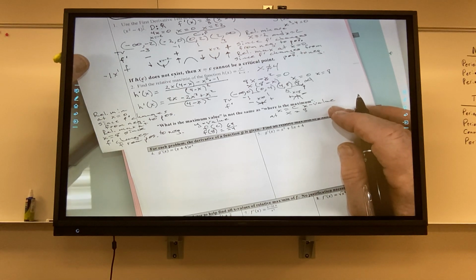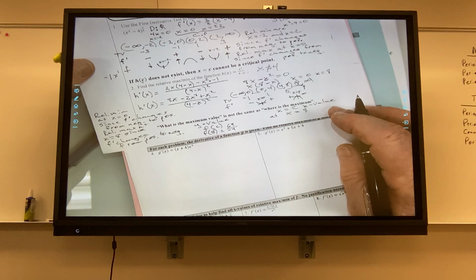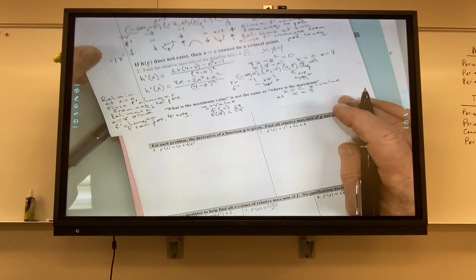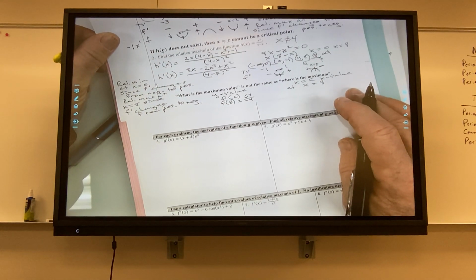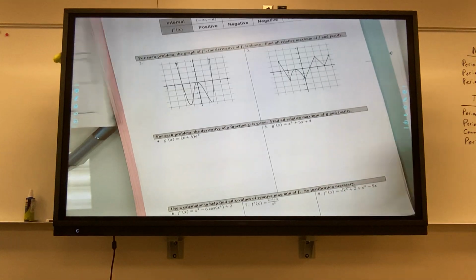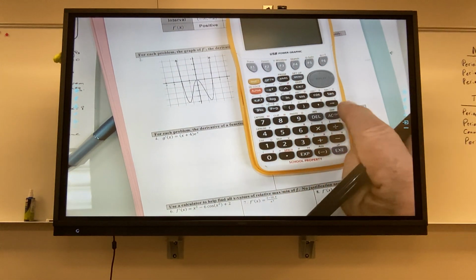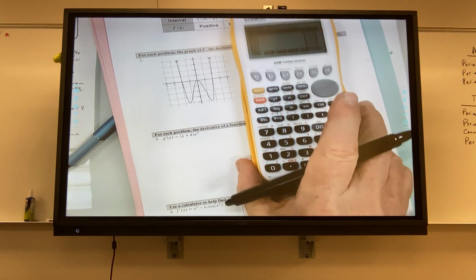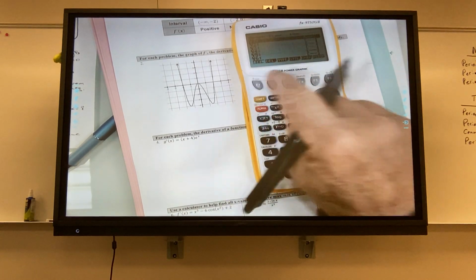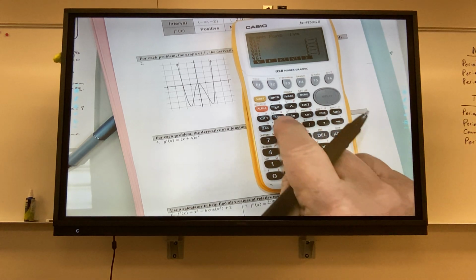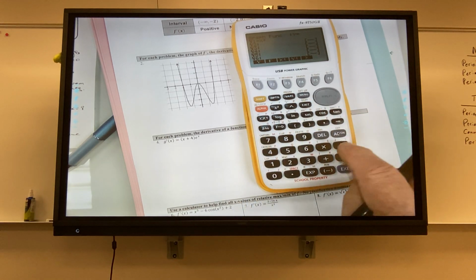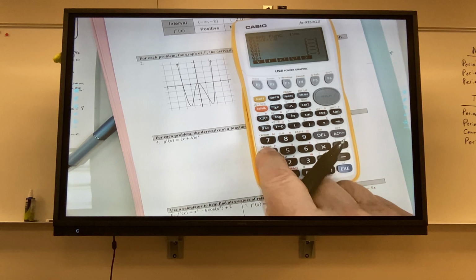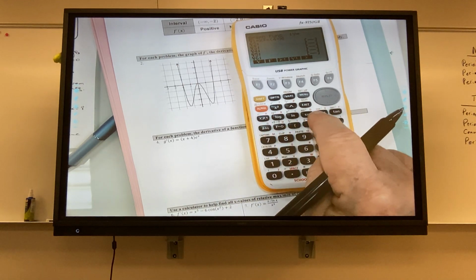So can I show you what this graph looks like, or am I going too fast? Okay, so if I take a look at this graph, and I have x squared divided by parentheses 4 minus x.